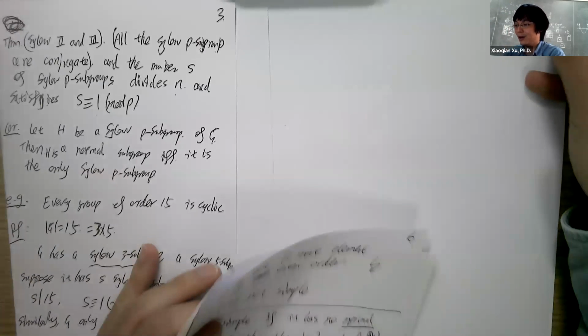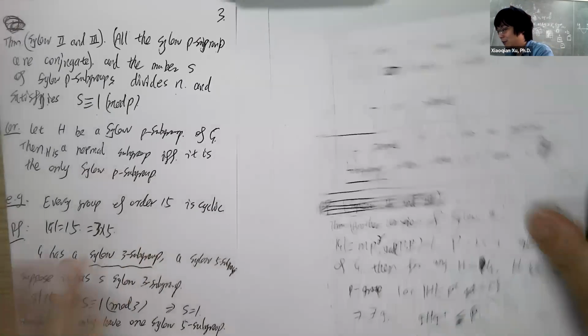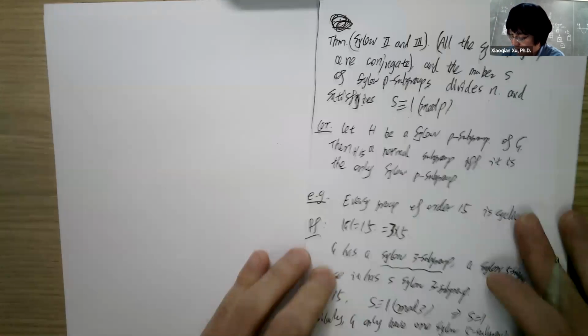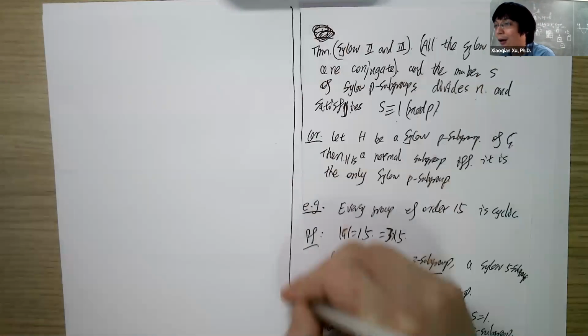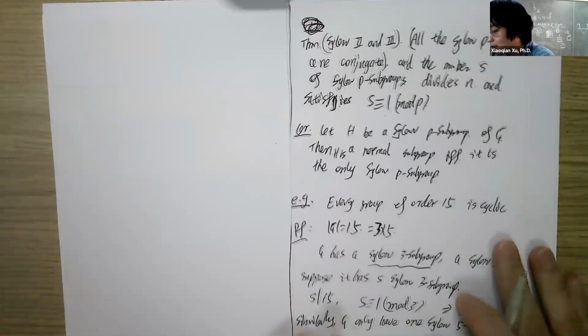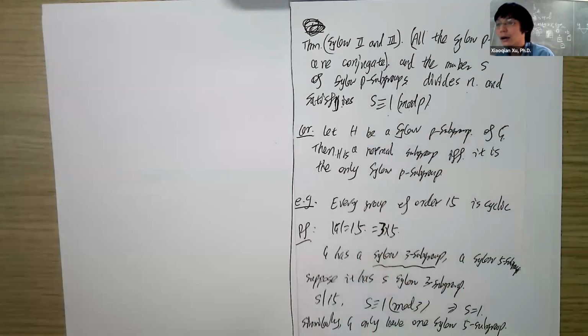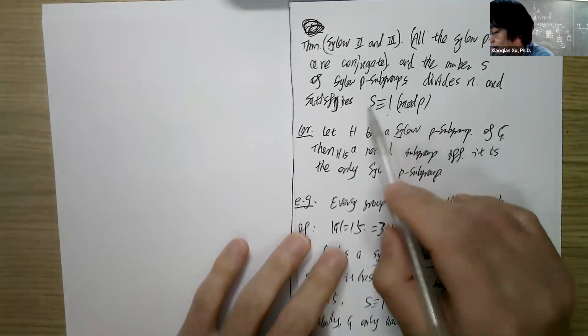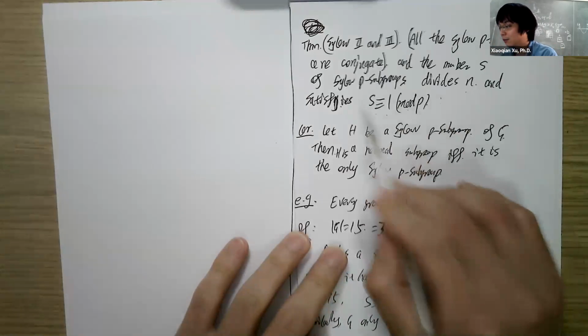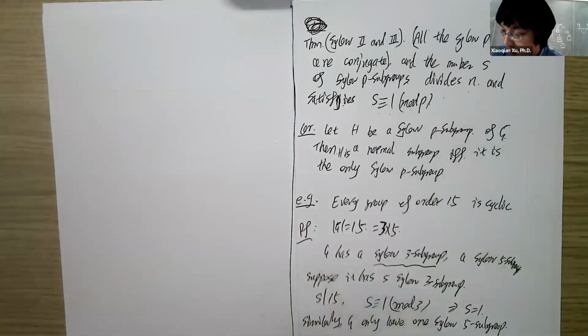I believe you have some idea about the meaning of the Sylow second and Sylow third theorems. It just tells you that all the Sylow p subgroups are conjugate, and we can count how many Sylow subgroups we have. Let's try to prove it.